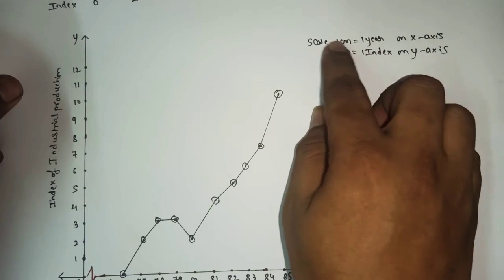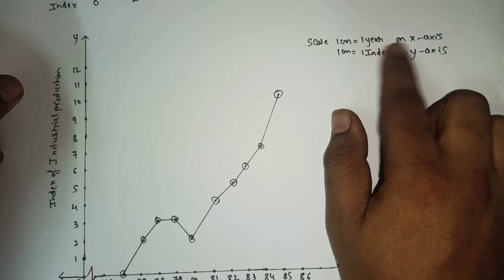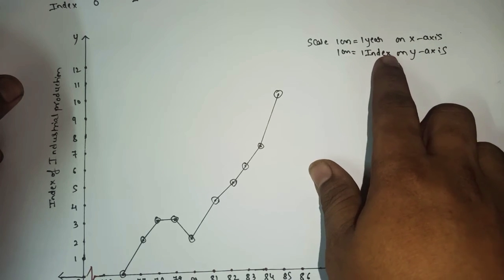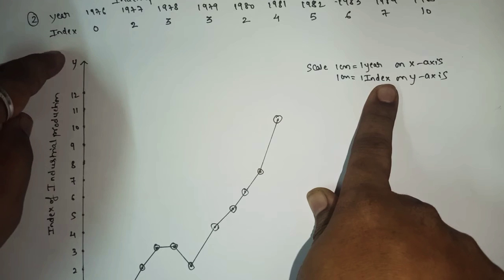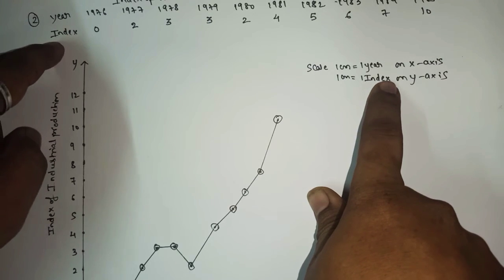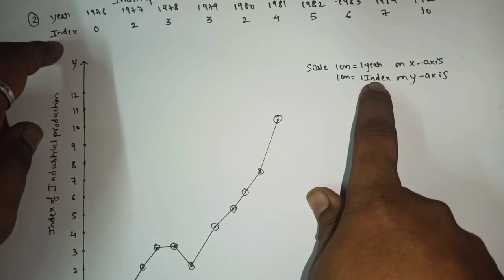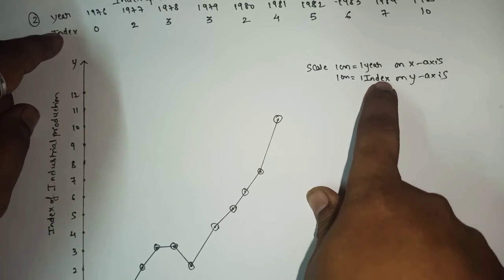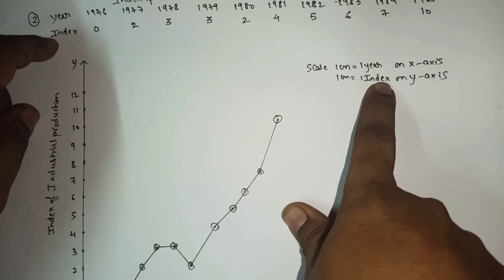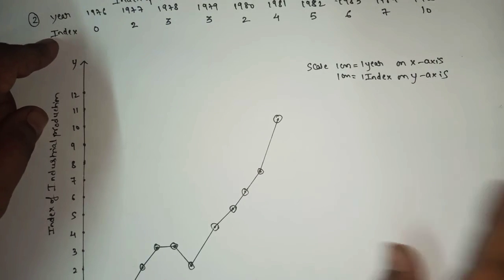We'll take 1 centimeter equals 1 year on the x-axis, and 1 centimeter equals 1 unit, or else you can write 1 index only, on the y-axis.